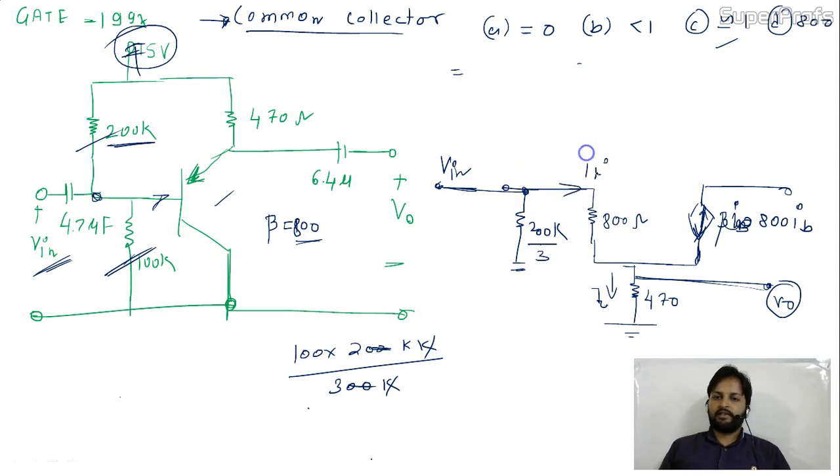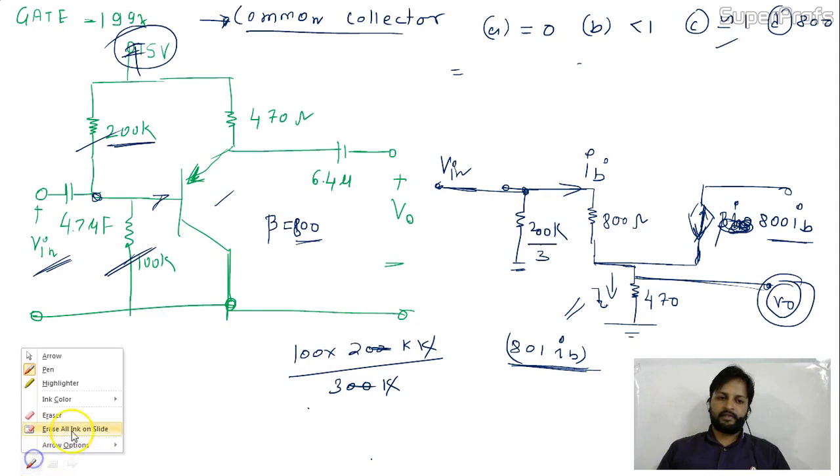Here the current is IB, and here the current is 800 IB. Is it okay? Now this IB is the current coming to IC. Here 800 IB current is coming over here. So here the total current coming is 801 of IB.